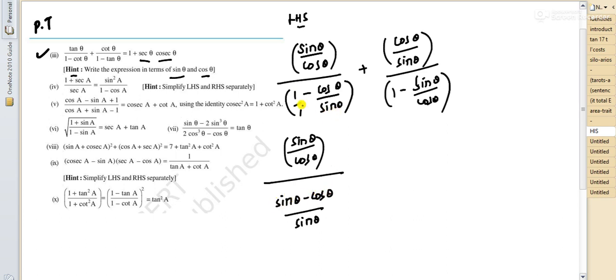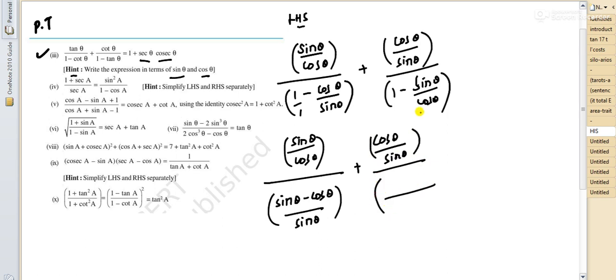This LCM will multiply with this 1 as well as this whole, so you'll get this. I hope you know this step. Now this remains the same, cos by sine whole divided by, again take the LCM here, so the LCM is cos theta, and here cos into 1 is cos theta minus this is sine theta. So this is what you have got here, right?